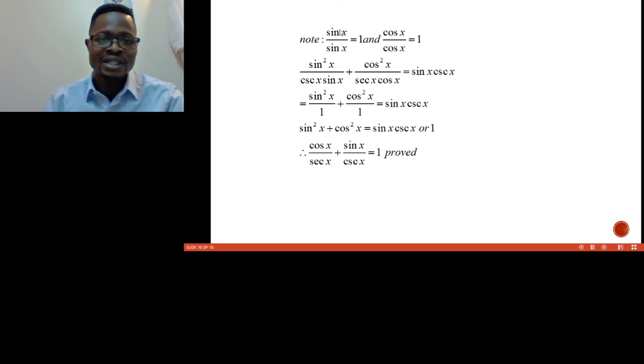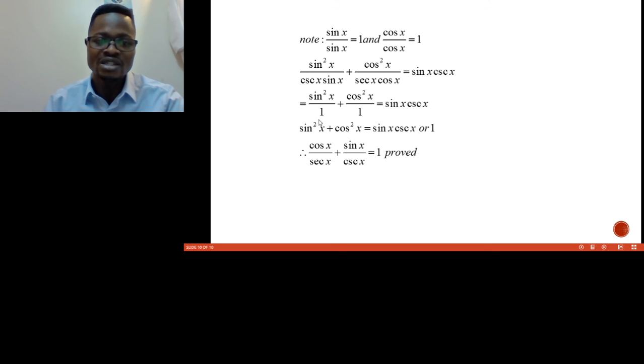So now we know that sin x divided by sin x will give us 1, because this will cancel and you are just having 1. Cos x divided by cos x also gives 1. So now we will have sin squared x divided by cosecant x sin x plus cos squared x divided by sec x cos x. All this will be equal to sin x cosecant x. Now we can have sin squared x divided by 1 plus cos squared x divided by 1 to give us this identity, which is 1, or sin x cosecant x.